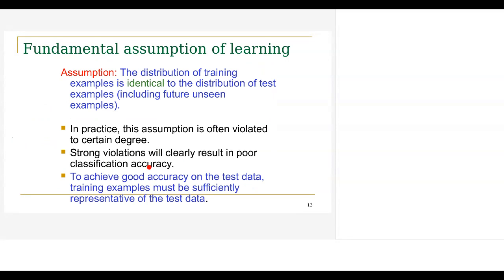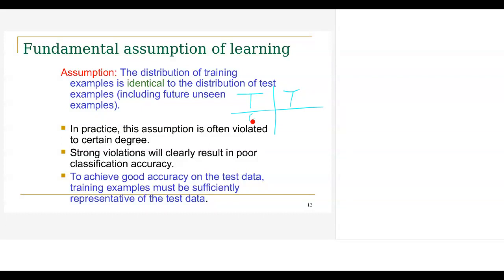Fundamental assumption of learning: the distribution of training examples is identical to the distribution of test examples, including future unseen examples. Means we can't distribute randomly. There are two data types, training and test, so we can't distribute data on an uneven basis.